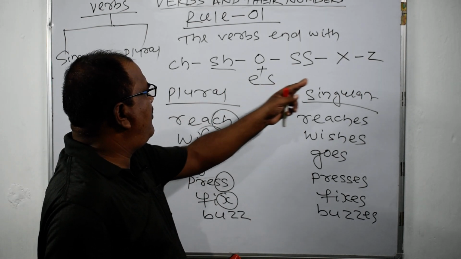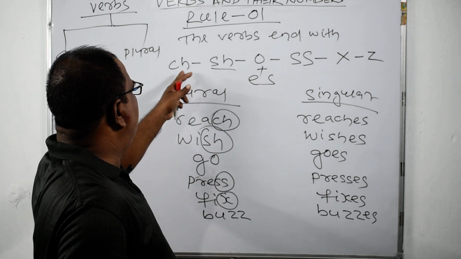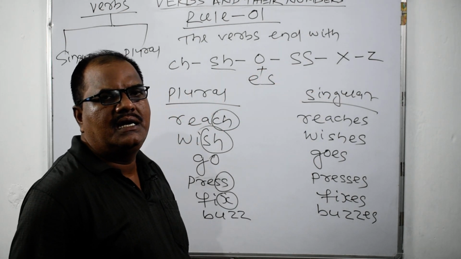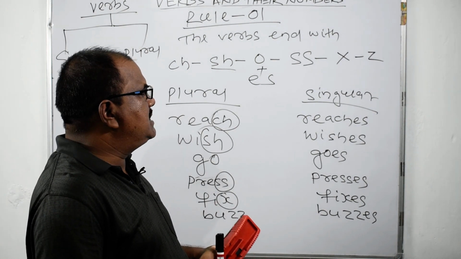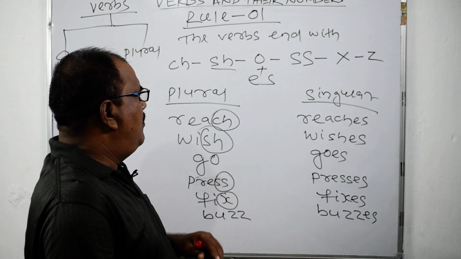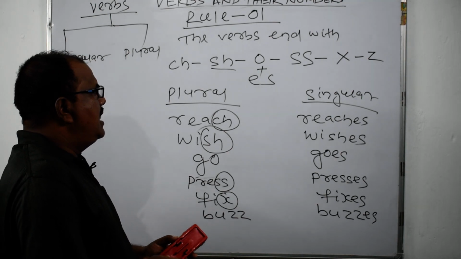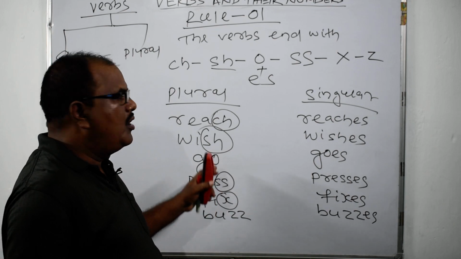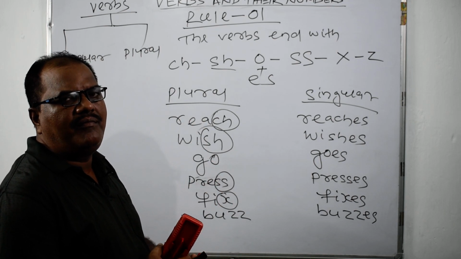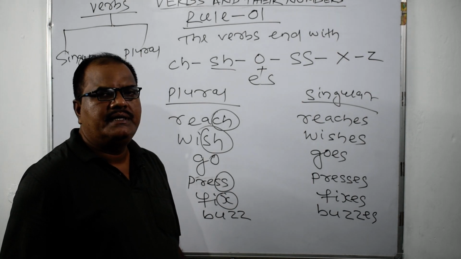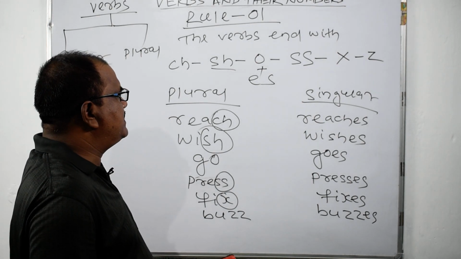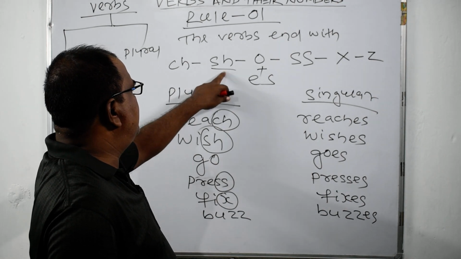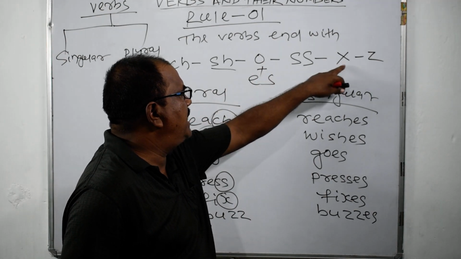From these examples of some verbs, it is very clear that the verb which ends with one of these, it may be ch, sh, o, ss, x or z, is changed to singular by adding es to the basic form of the verb which is in its plural form. You can examine, you can test taking other examples of verbs which end with ch, sh, o, ss, x and z.